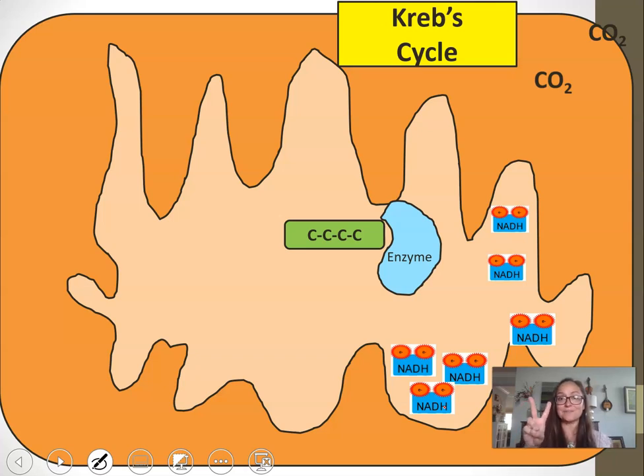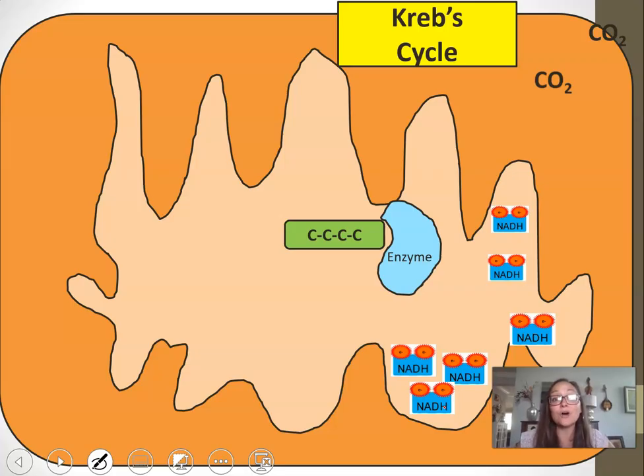And then one of those carbons was oxidized from our molecule and came off as carbon dioxide, and then again carbon dioxide. So at the end of the citric acid cycle, your entire glucose molecule is now in the form of carbon dioxide being exhaled.